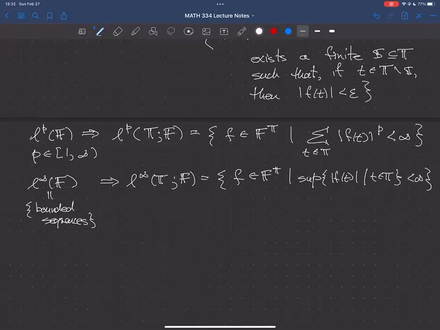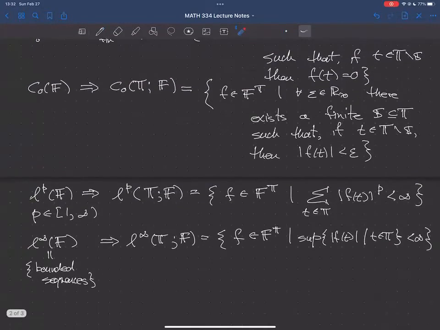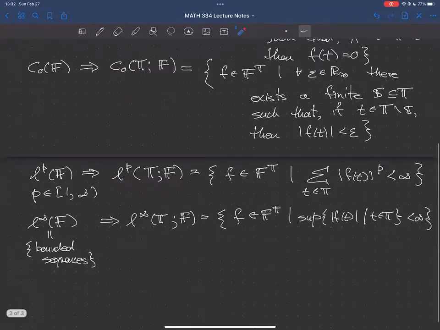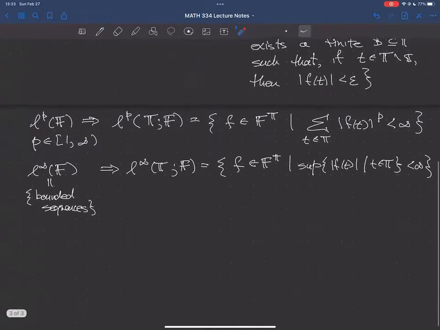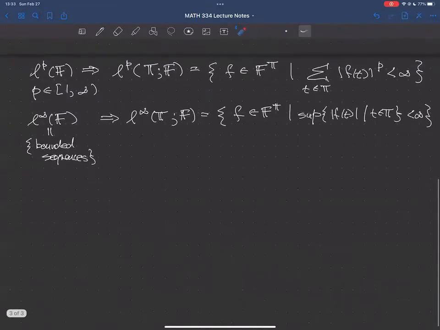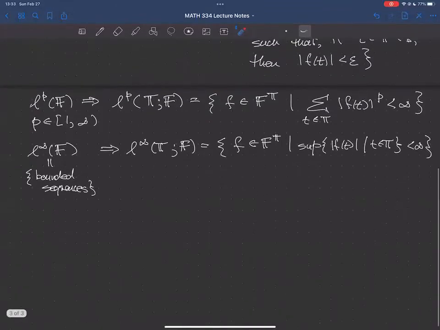Right. So this just means they're bounded. Okay, so we're not going to talk very much about l infinity. We're mostly going to talk about little c0 and little l1 and little l2. But to fill things out a little bit and put a little more meat on the bone, there are some additional things we can talk about.